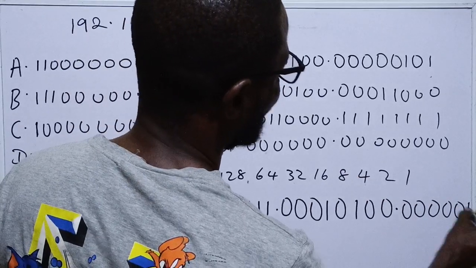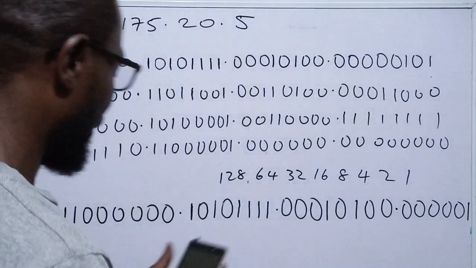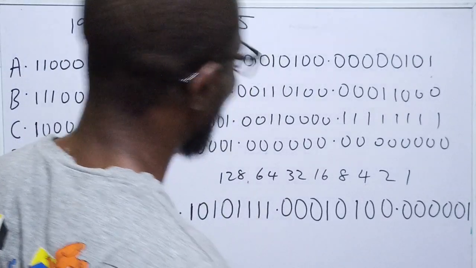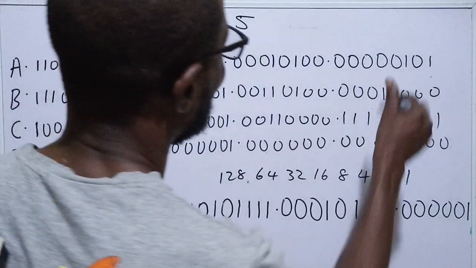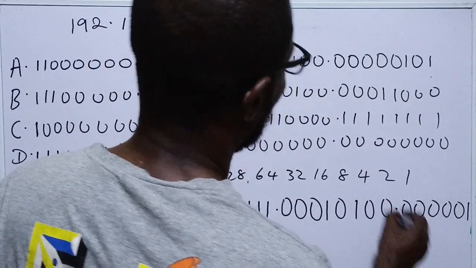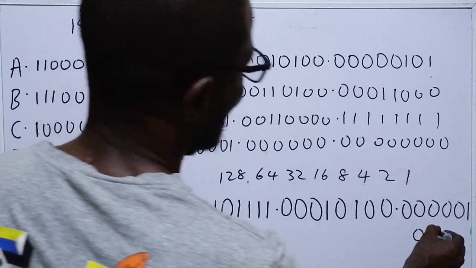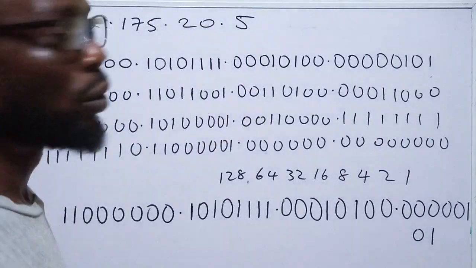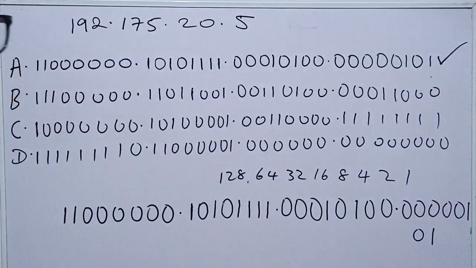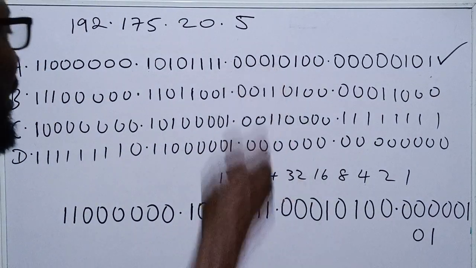Yes, 4 can be subtracted. 5 minus 4 is 1. Can 1 subtract 2? No, so this is 0. Can 1 subtract 1? Yes. So from the look of things, this is the right answer.